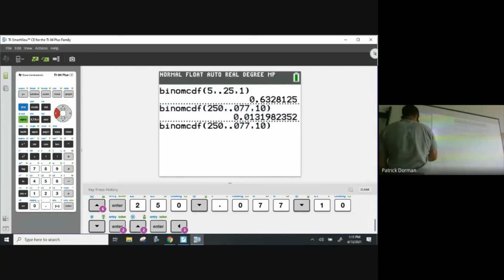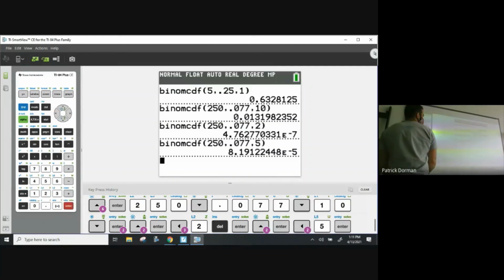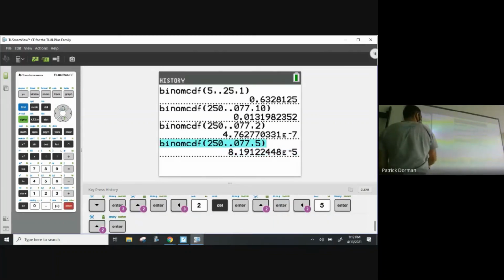What about if this was 2 instead? Oh, it's really small. Okay. Let's go to 5 winners. Still quite small. 5 or less? Let's see. What about 20 winners?